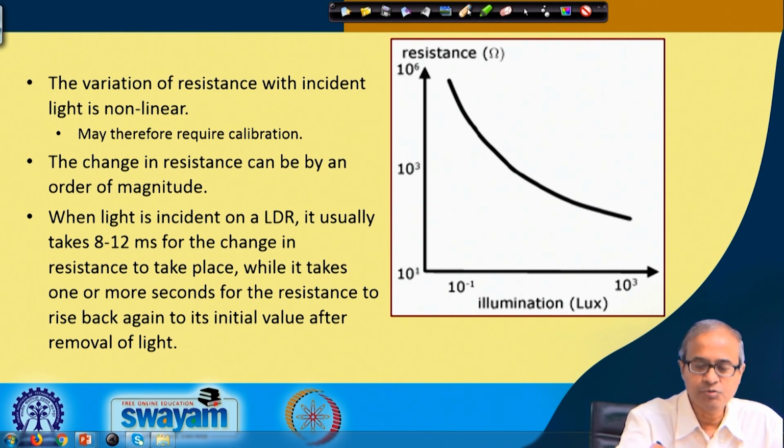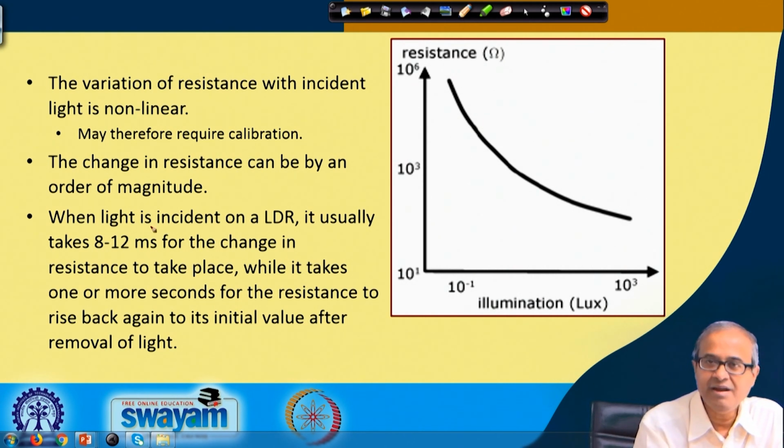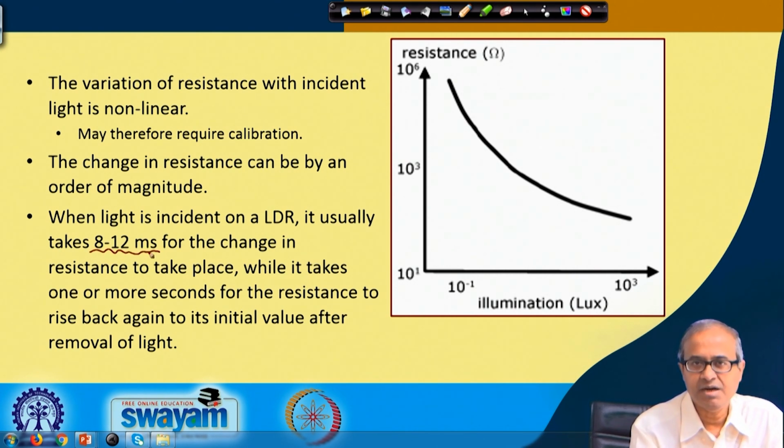And the other point to note is that these devices are not lightning fast, it takes a little time for them to generate the output. When light falls on these devices, it typically takes of the order of tens of milliseconds for the device to respond and the output to settle down.